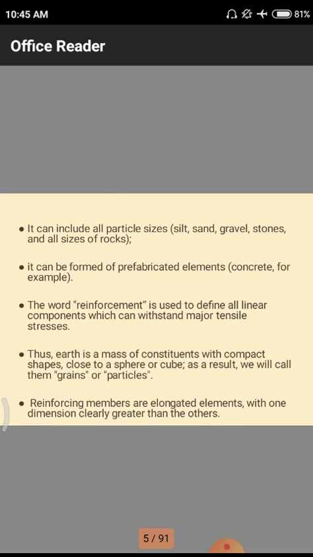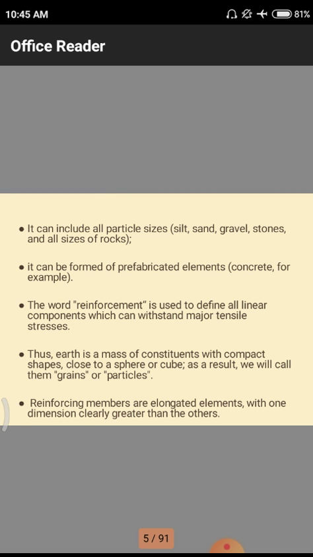After that we have a simple increment of soil particle sizes: sand, silt, clay, and likewise in the opposite direction. First of all, we have clay, silt, sand, and granular soils. After that granular soils, below the earth surface, we have stones and boulders.